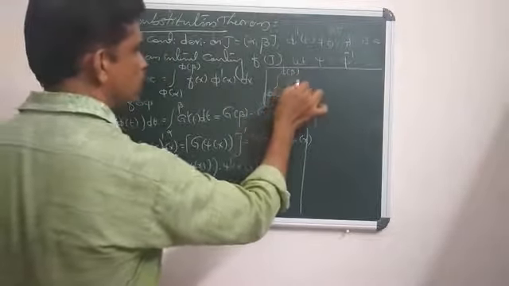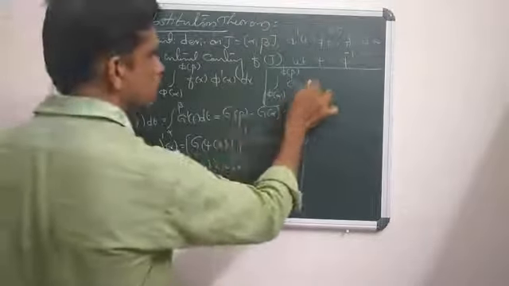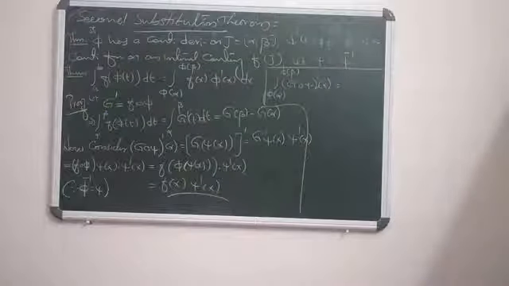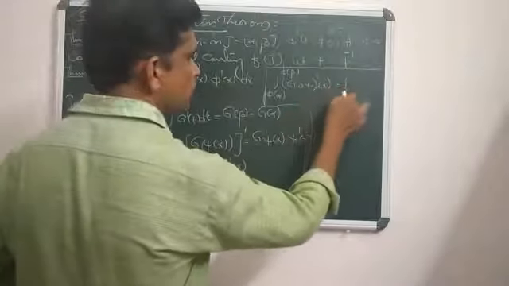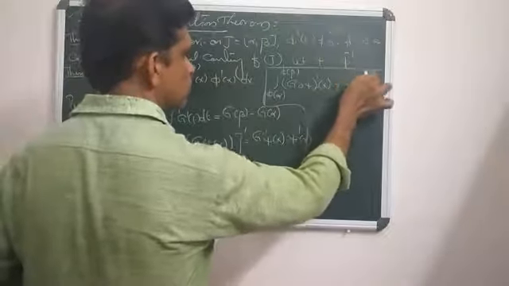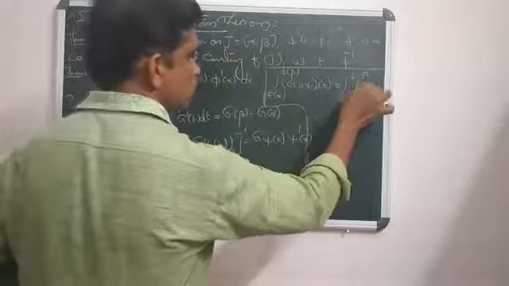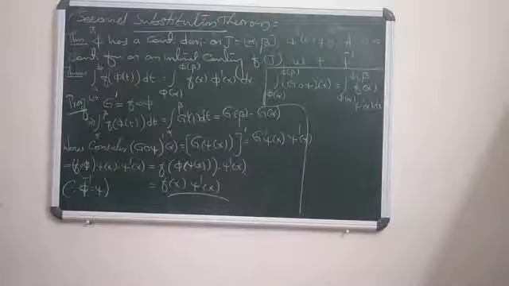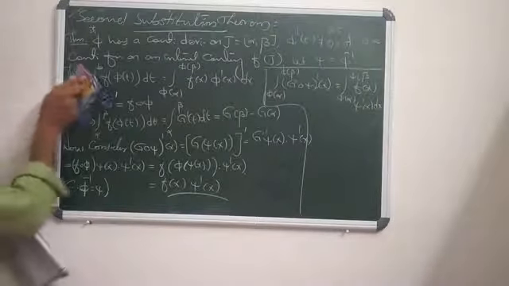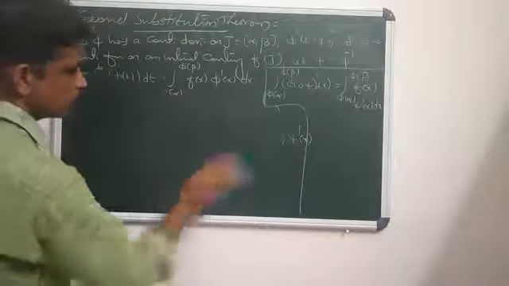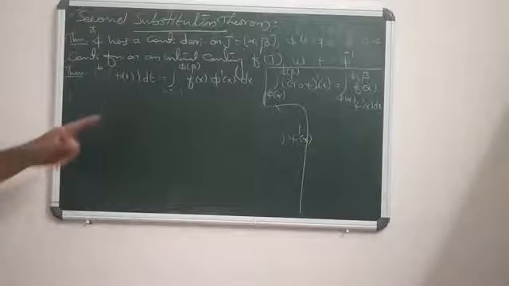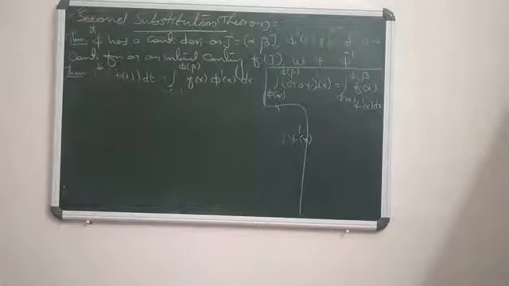Integral from phi alpha to phi beta of the derivative of G composition psi, of x, equals integral from phi alpha to phi beta of f of x into psi dash of x dx. Clear? Okay.